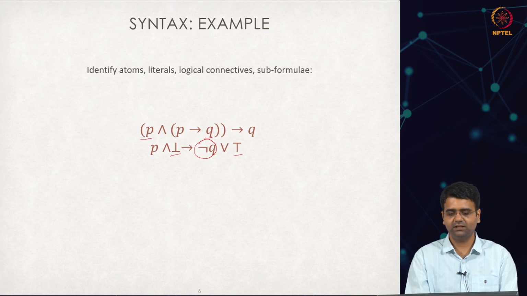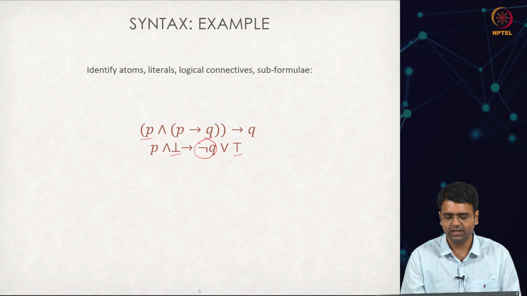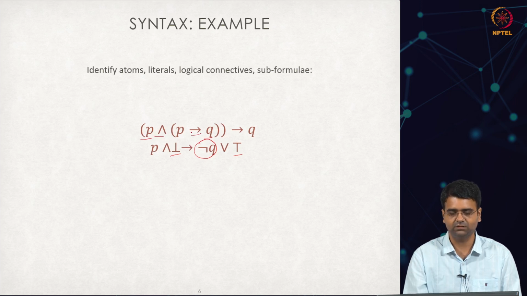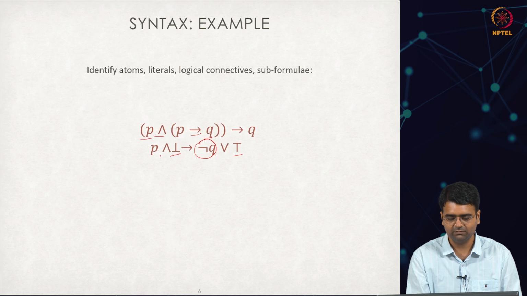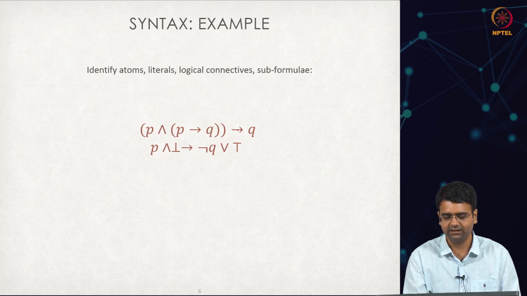Next we have logical connectives. The first formula is using the logical connectives and, and implication. It's using the implication twice, while the second formula is using and, and an implication as well as the logical connective or. Notice that the first formula at the top level is obtained by applying this logical connective, which is implication, to two subformulas.